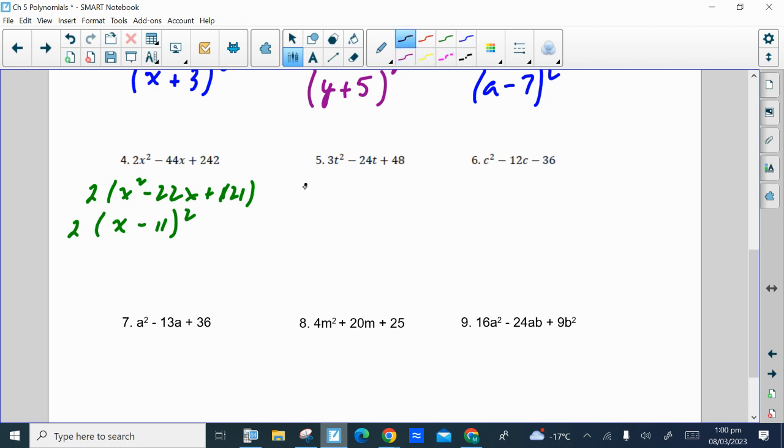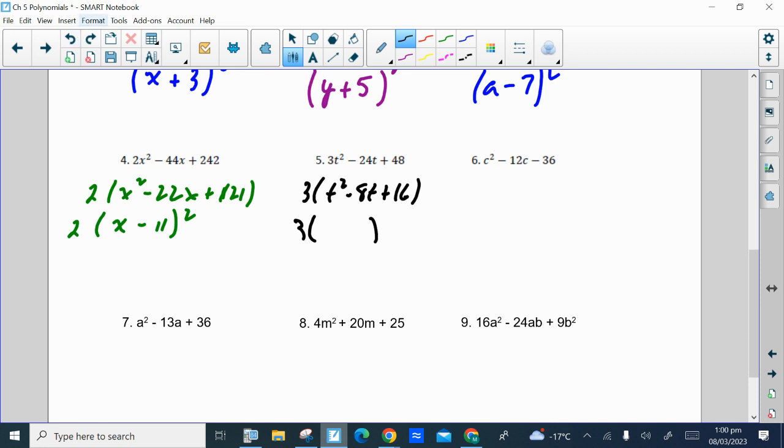Question 5, there is a common factor of 3 there to take out as a starting point. 3 is one of the factors. To get the factor inside the bracket, we divide every term by 3. And, well, actually, let's change that up.